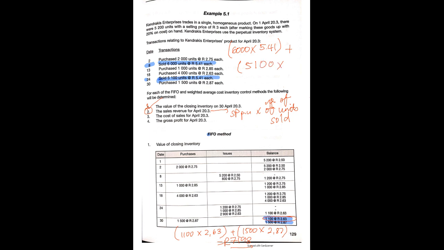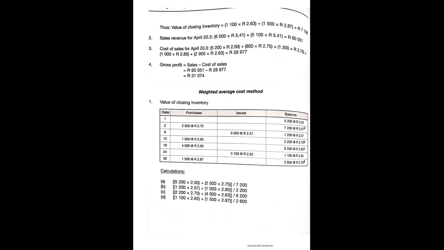Or, because they are the same selling price of 5 rand 41, you could say that it was 6,000 units plus 5,100 units that were sold, all at a value of 5 rand 41. This will give you your sales of 60,051. Here are all your answers on the next page as well.